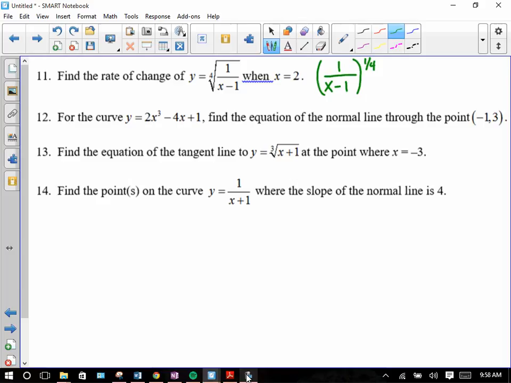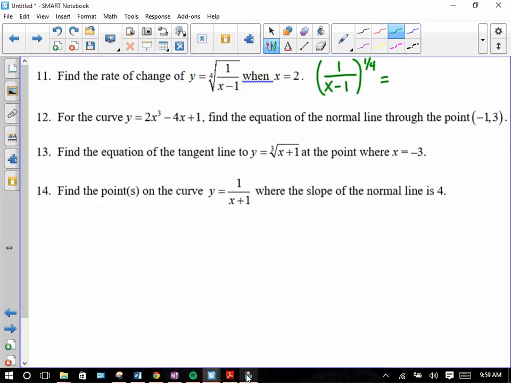Okay? Now we have something in the denominator. We don't like that, because right now you guys don't know how to work with that. You will, but not right now. So you have to take that x minus 1 and bring it up to the numerator, and you give it an exponent of negative 1.